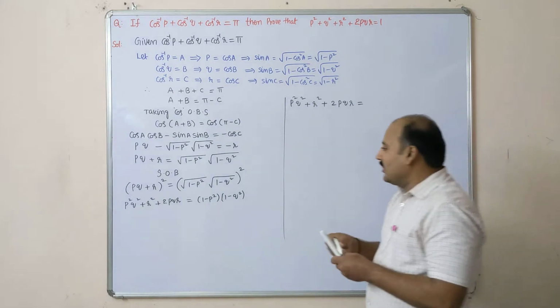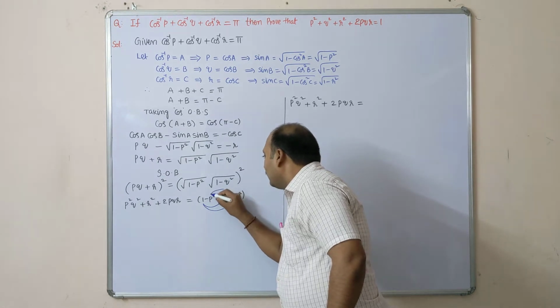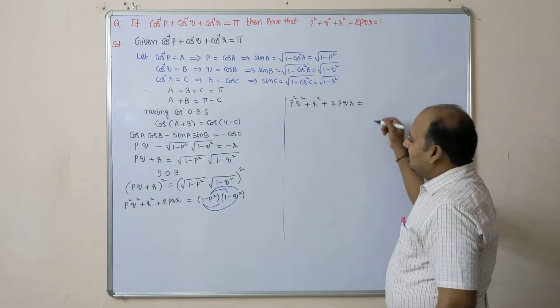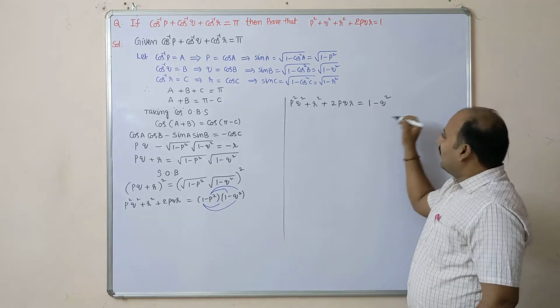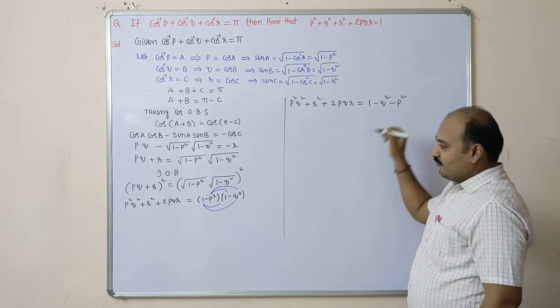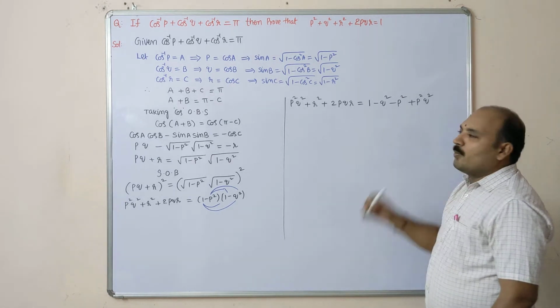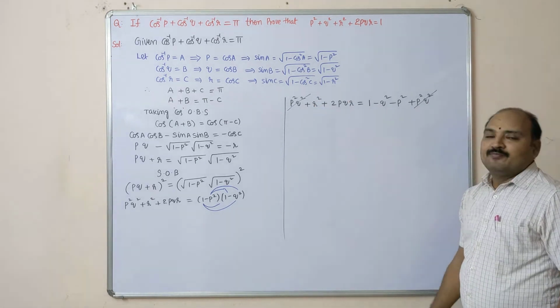Actual multiplication everyone knows, but still I am giving it here for your convenience. So 1 minus Q square minus P square plus P square Q square. On both sides, P square Q square cancels.